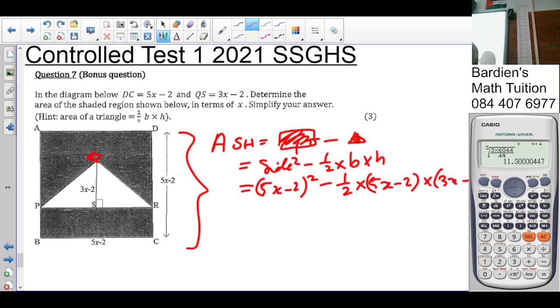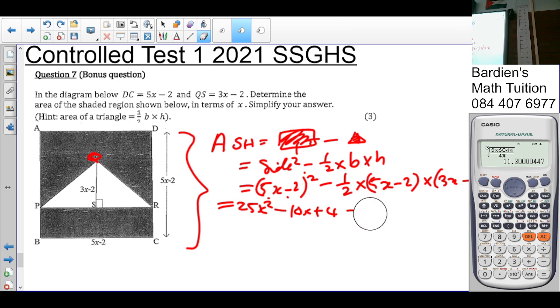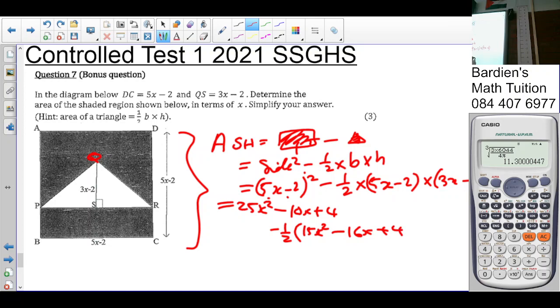Okay. From here, it's a matter of simplifying the expression. So it's 25x squared minus 10x plus 4, minus a half into 15x squared, that is minus 10x minus 6, is minus 16x plus 4.